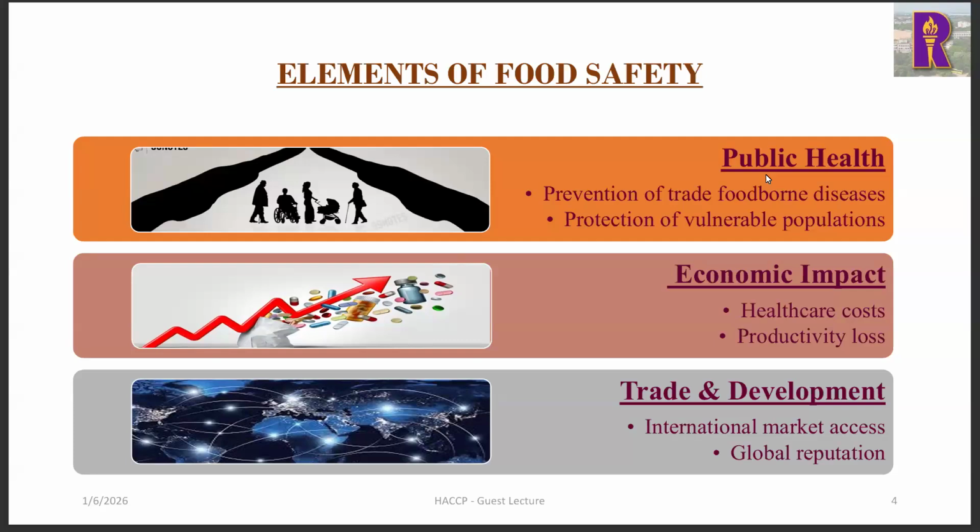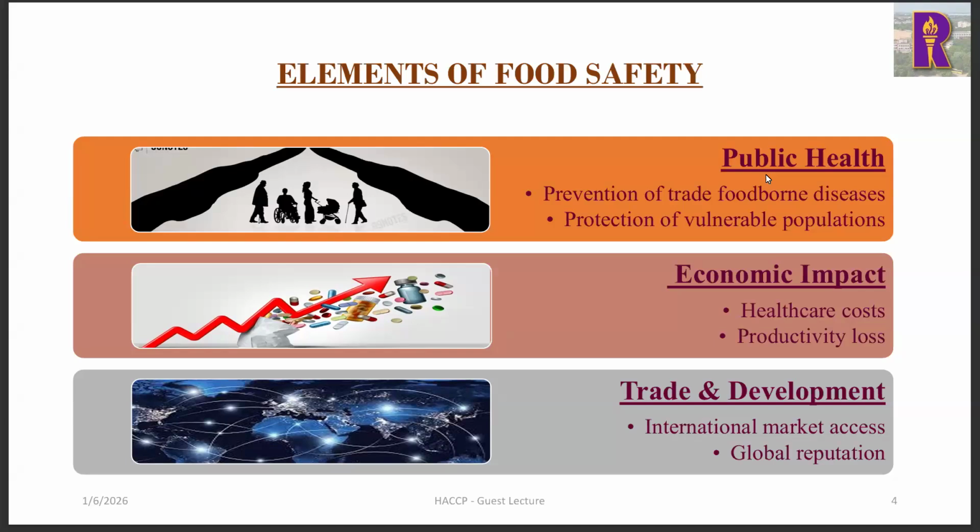So when foodborne diseases occurred across the globe, there may be a connection which affects the vulnerable population. Vulnerable is nothing but very weak populations. We all know that is old age, the infants, and the people with certain epidemic diseases. So this is one of the elements which comes to mind when it comes to food safety.